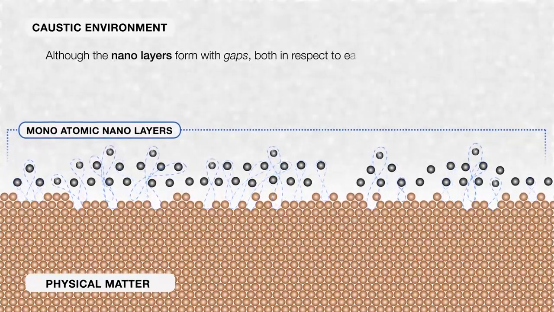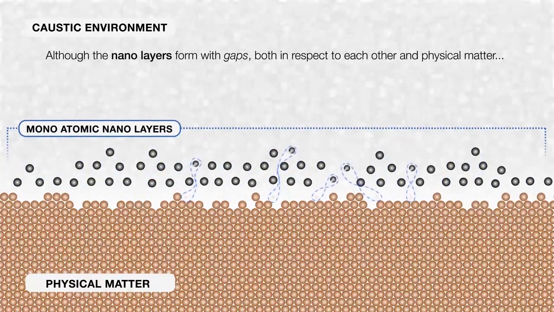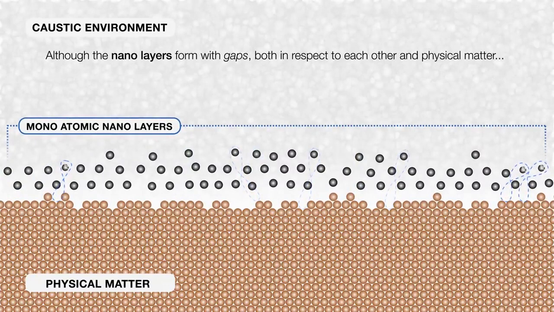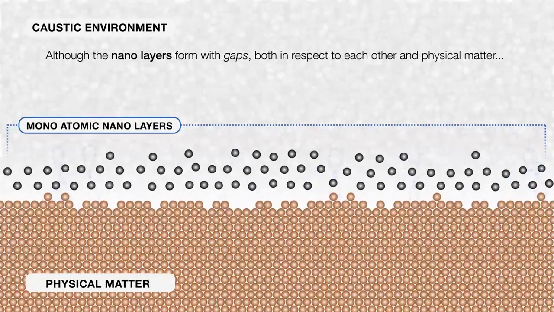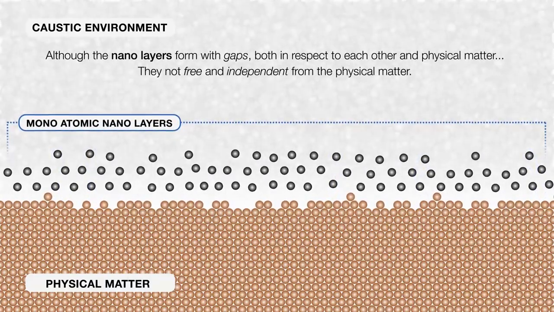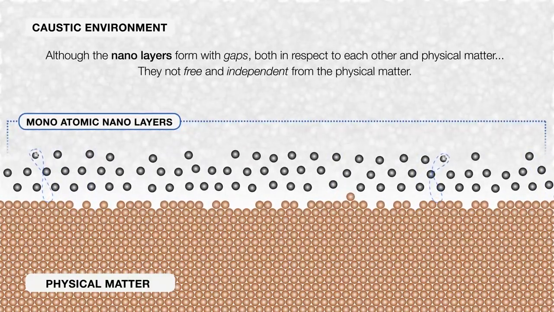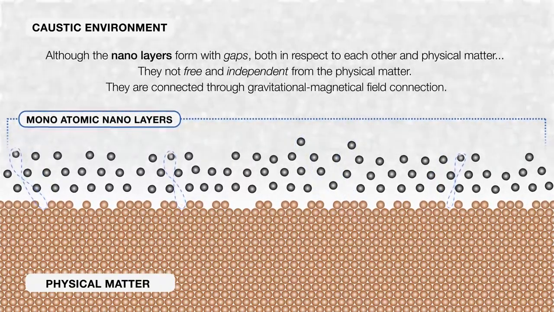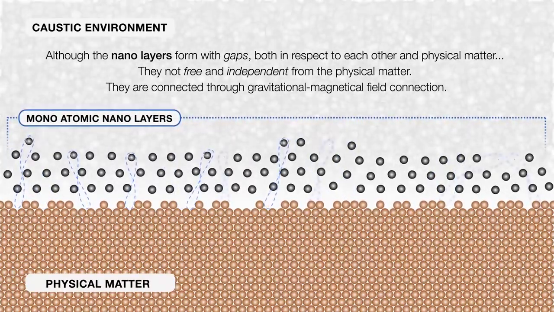So although the nanolayers form with gaps, both in respect to each other and physical matter, they're still connected to the matter, but they've positioned themselves. They're not free and independent from the physical matter. They are connected through gravitational magnetical field connection.